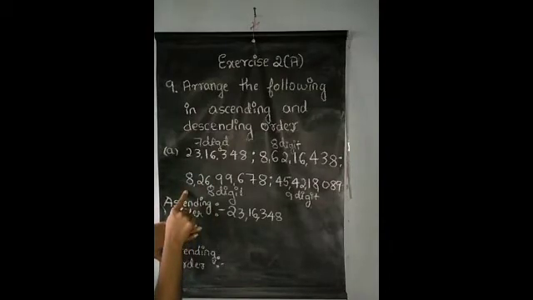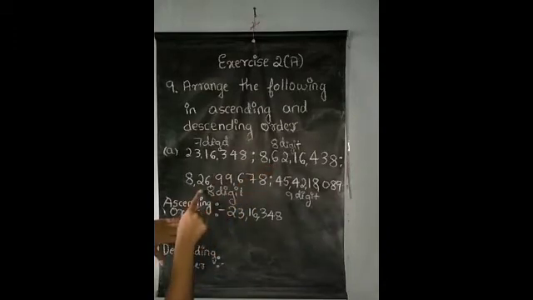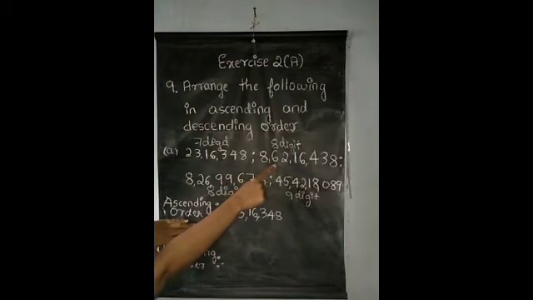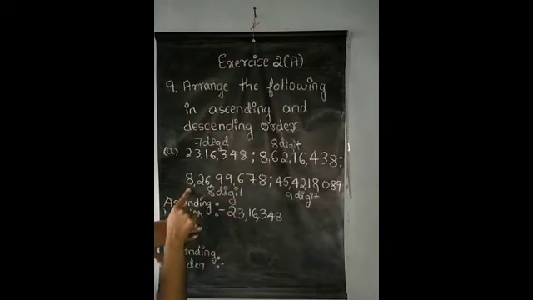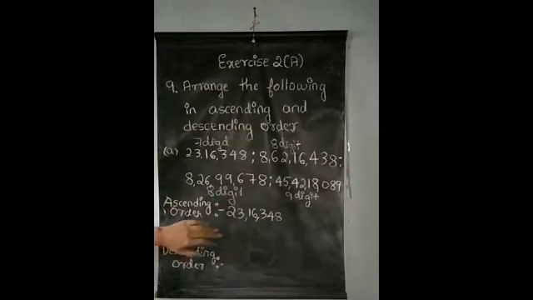Both are same. So we have to compare the next digit. Here 6 at 10 lakh place and here 2 at 10 lakh place. 2 is smaller than 6. That means 8 crore 26 lakh 99,678 is the smallest number.